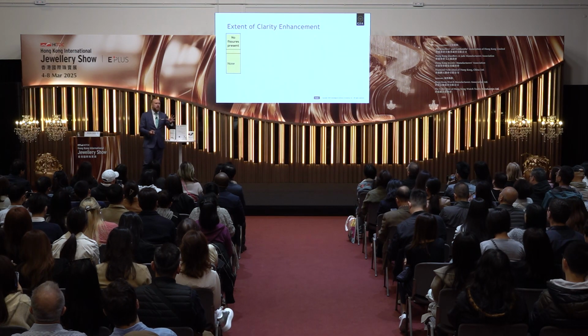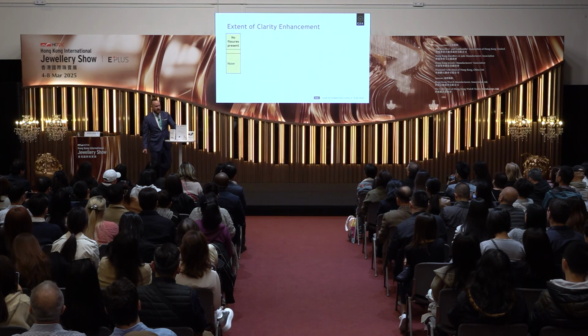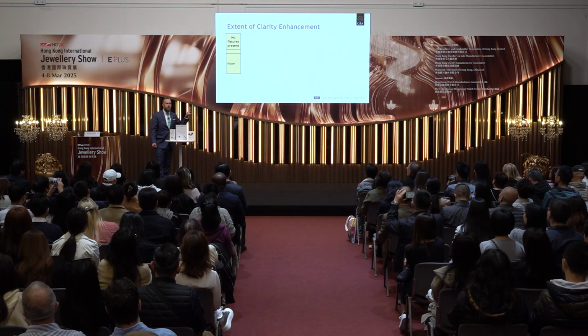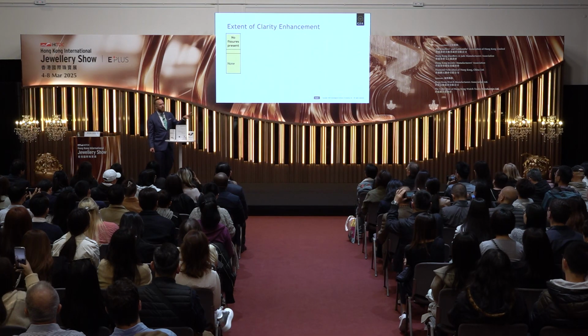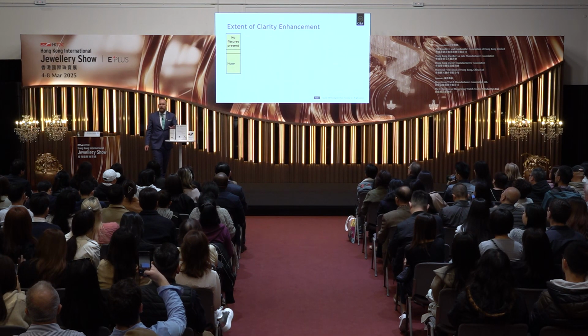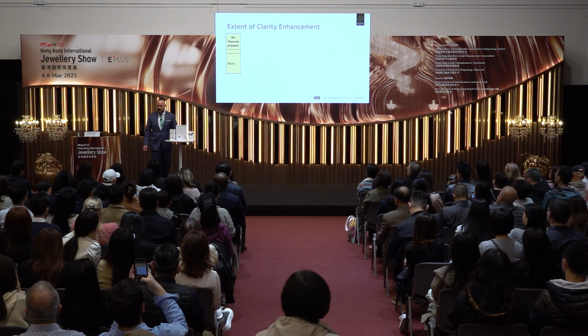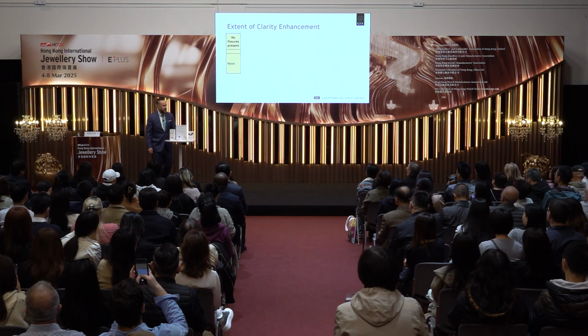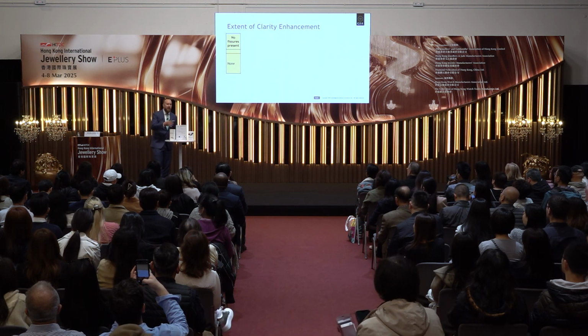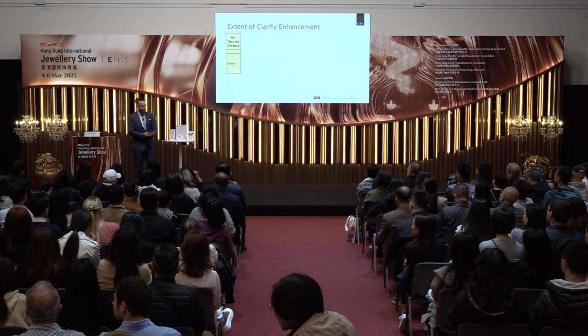So we grade that, and we basically have 5 rankings, and I'm going to go through that. And the first one is probably the rarest one. I don't think I've seen more than 5 stones that qualify like this. That is an emerald without fractures to begin with. So even if you wanted to clarity enhance it, you couldn't, because there are no fractures for an oil or a resin or a wax to go into.